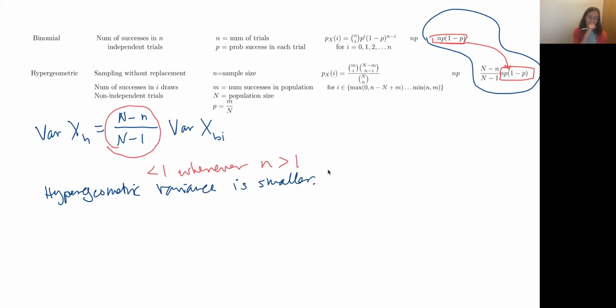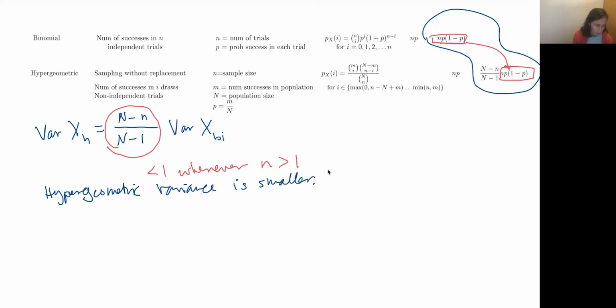Maybe a way to see that, which I'm going to elaborate on in just a minute, is with an example. What I'm going to show you is that this smaller variance comes from the fact that replacement in the binomial case allows us to repeatedly draw the same outcome, even if it's unrepresentative. So you can get more extreme outcomes there.